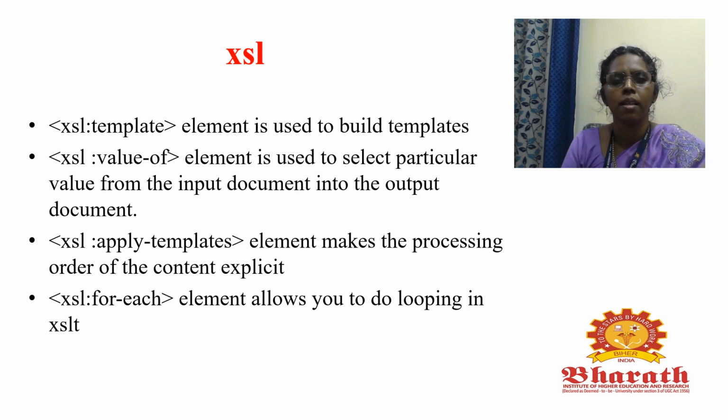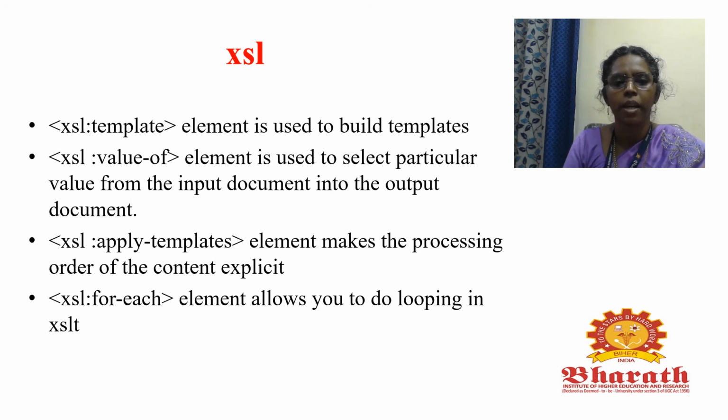Then XSL consists of some elements. So xsl:template is used to build the templates, and xsl:value-of is used to select a particular value from one input document to another document. Suppose if you are having 5 attributes, if you want only 3 attributes, we can select using this element.